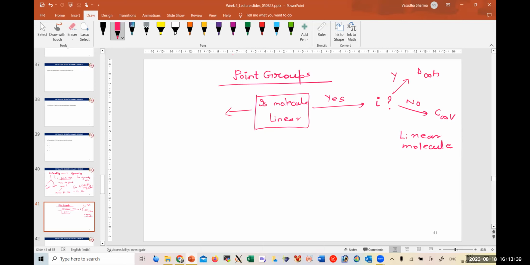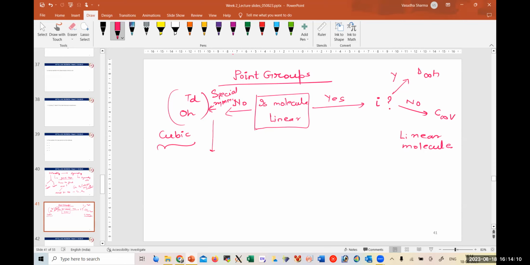If the molecule is not linear, then we need to see whether it is cubic. We need to see whether some special symmetry groups are present or they are having the maximum number of symmetry elements, then they come under this category.